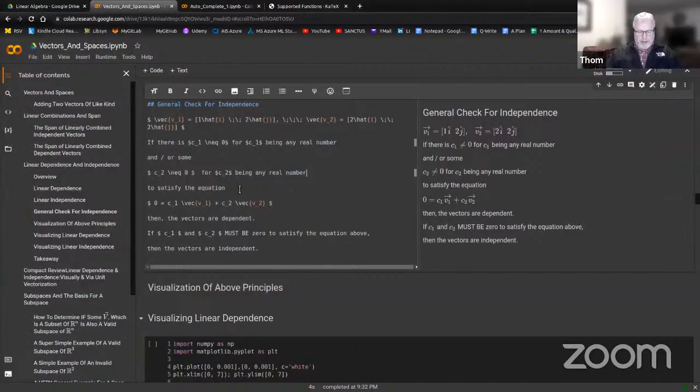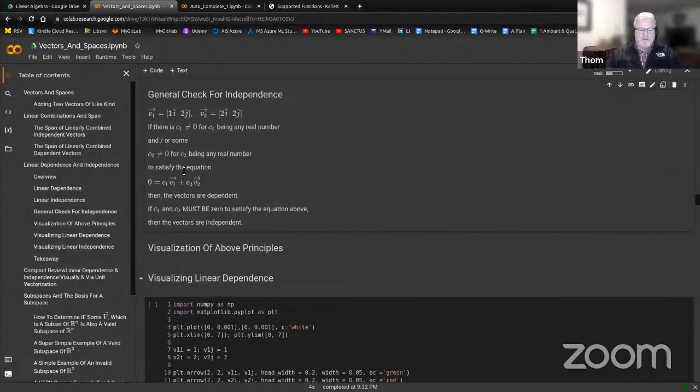But what we're getting at is, if we can find some C1 times V1 and some other C2 times V2, where C1 and C2 are from the real number space, to make this equation equal to 0, then the vectors are clearly dependent. That's what we were really saying above. But if C1 and C2 must be 0 to satisfy the equation above, then the vectors are independent.